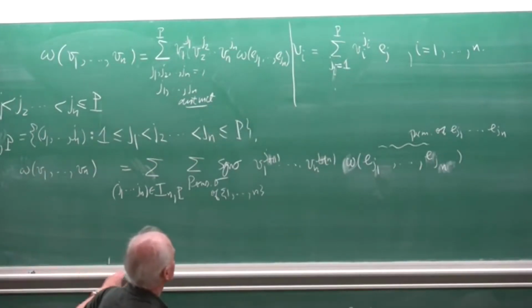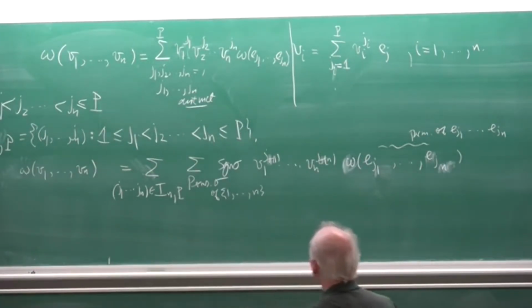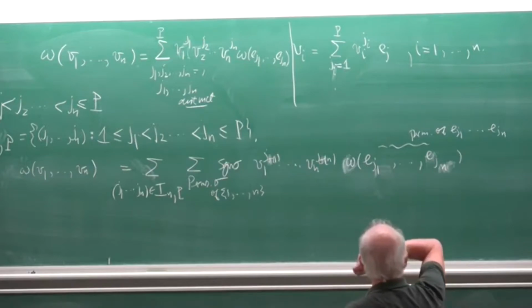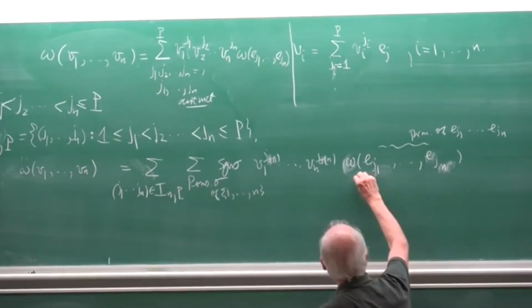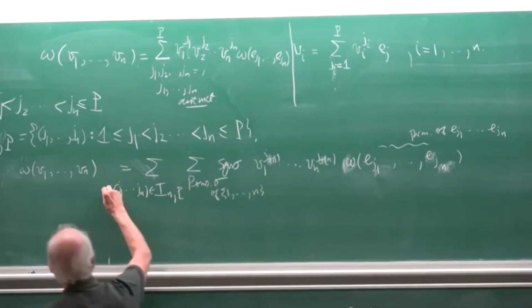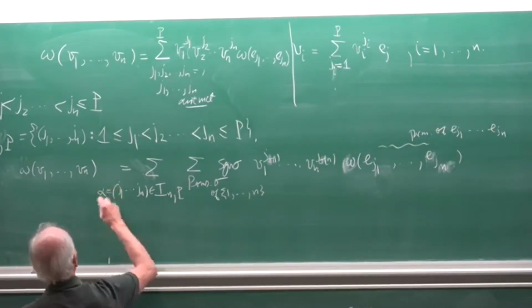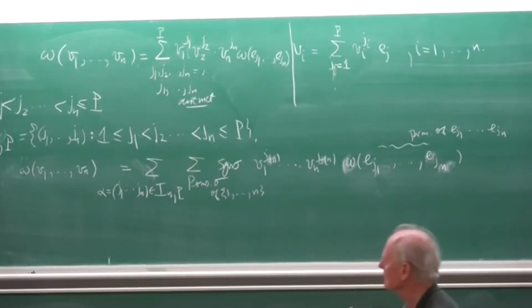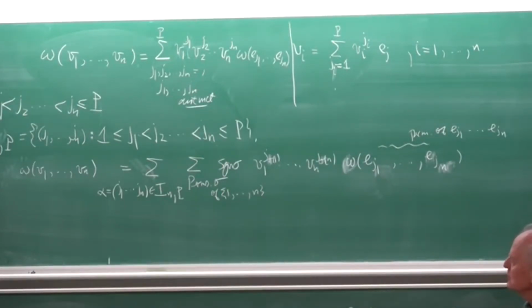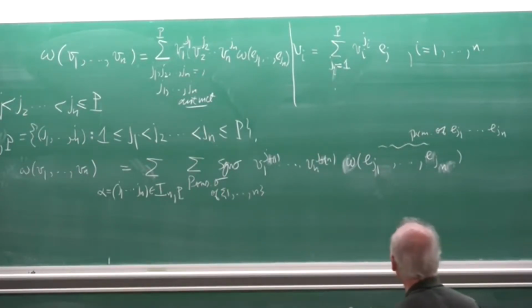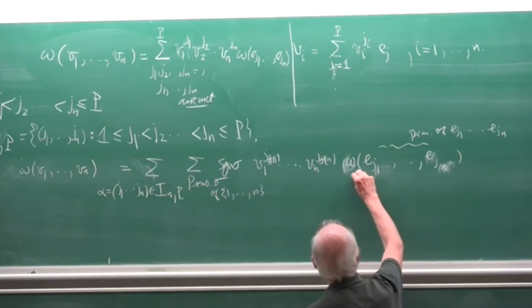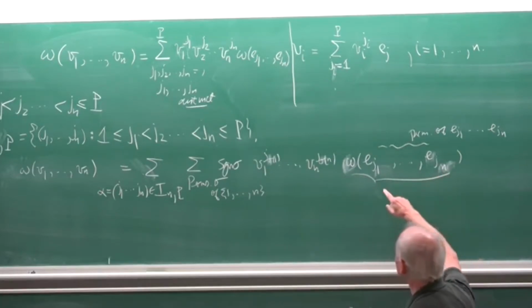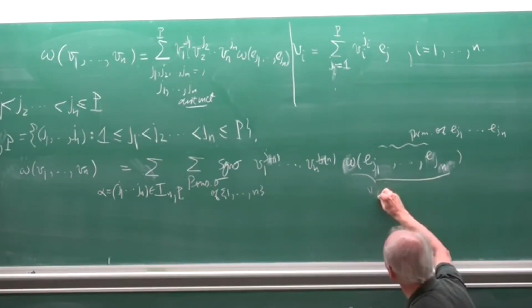So what else can we do? Well, we could label these guys alpha. So, multi-index notation: let alpha be this n-tuple j1 up to jn. Then we could call this omega sub alpha. It's just a number.